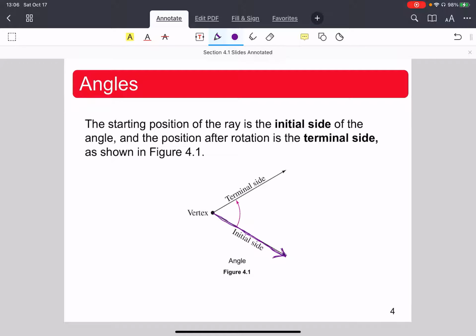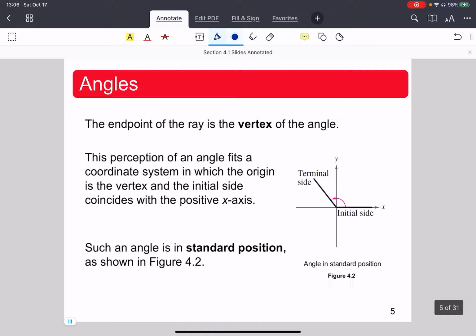Then we rotate this ray, and we get this other side, which we call the terminal side, which is basically the end point, or where the ray stays. And this difference is what we call an angle. So to have an angle, we have to have an initial side and a terminal side.